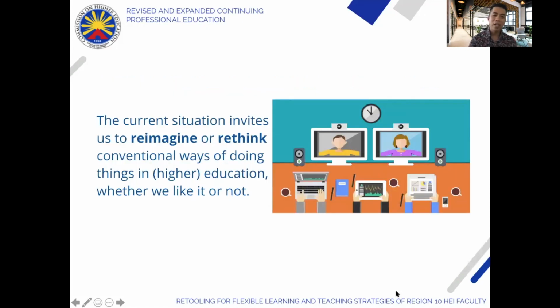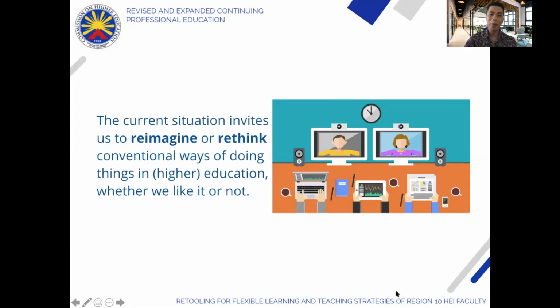So definitely the current situation invites us to rethink or reimagine conventional ways of doing things in higher education, whether we like it or not, right? Just imagine, who would have thought that this was going to happen in 2020? In January and February, we were just celebrating.